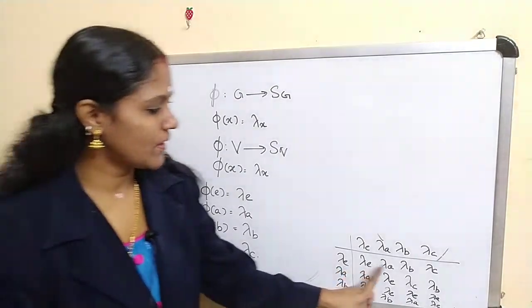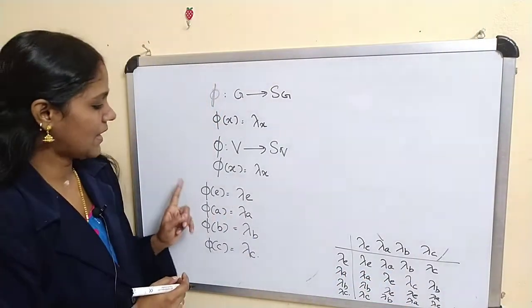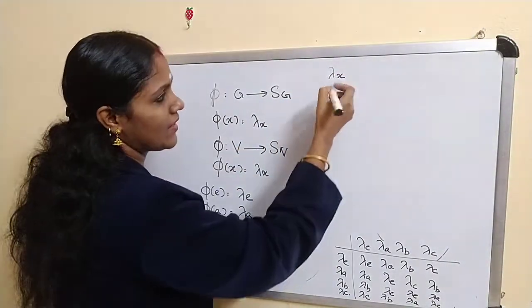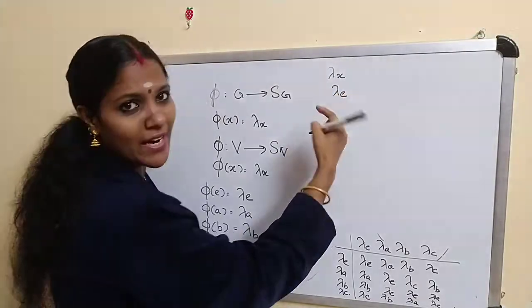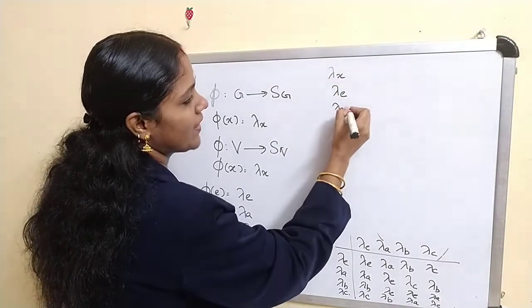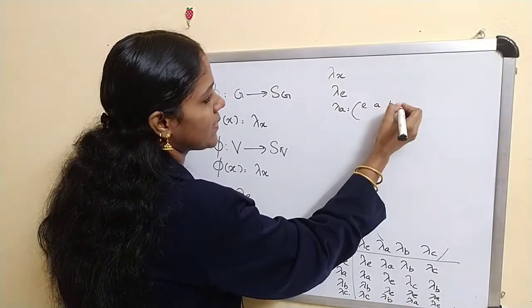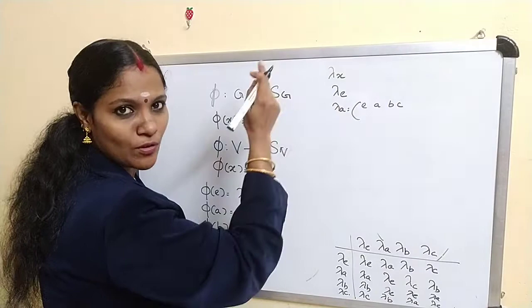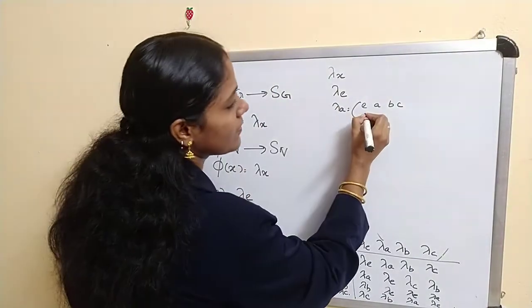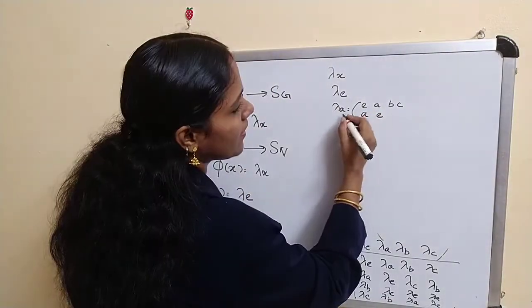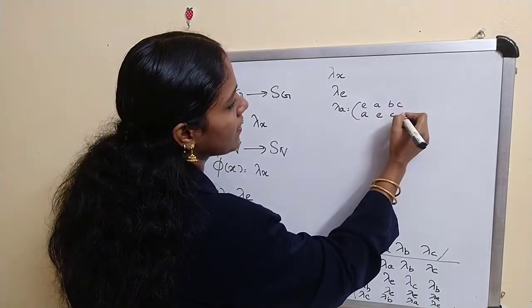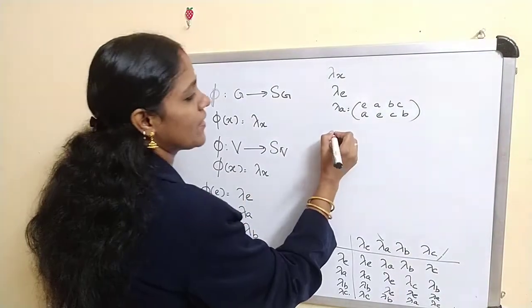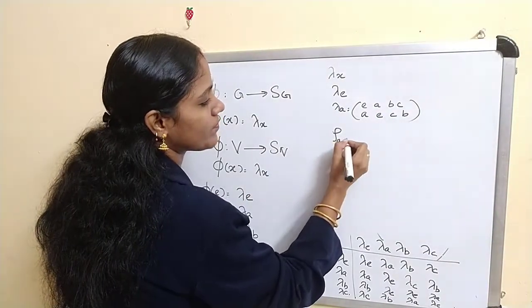So if you look at lambda x, clearly lambda A, what about lambda E? This is the identity permutation. Lambda A is a permutation E, A, B, C, and these are actually row corresponding to the column A, and you will get A, E, C, B. Now what about if you find row A?